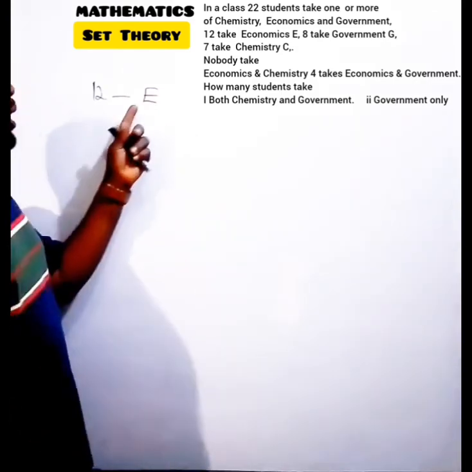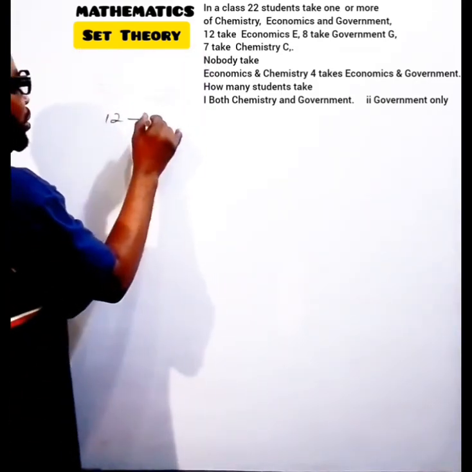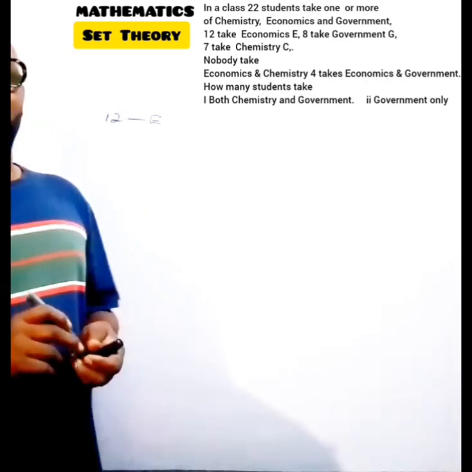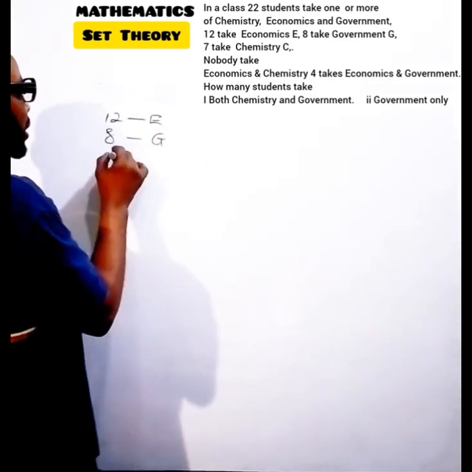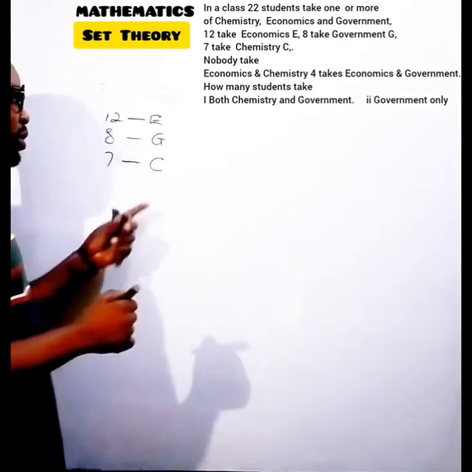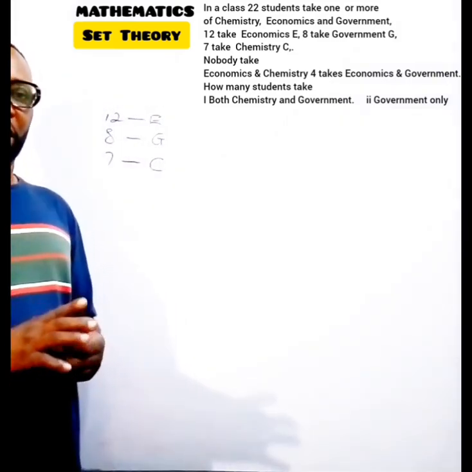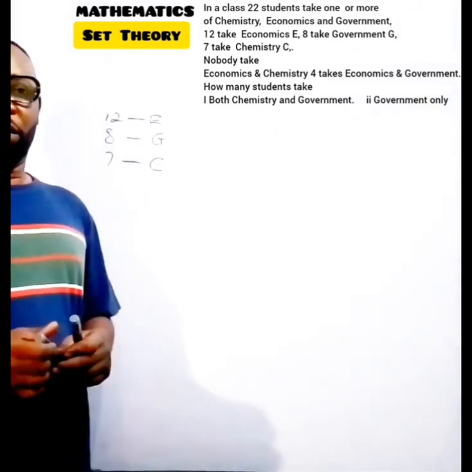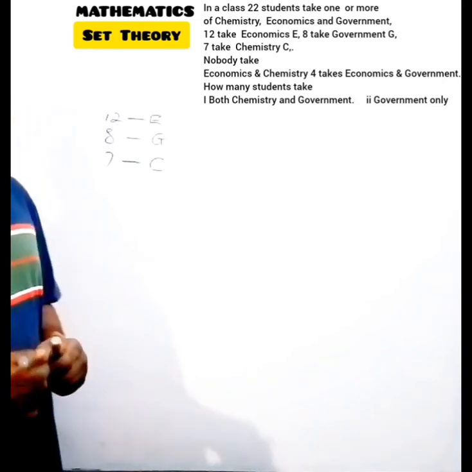Economics is represented by E here. 12 take economics, 8 take government and 7 take chemistry. So I use the first letter from each of those words to represent the particular element. Now, the question also says that nobody takes economics and chemistry.